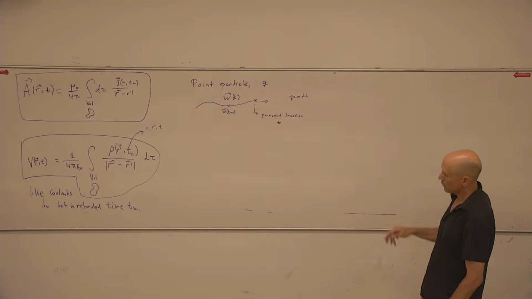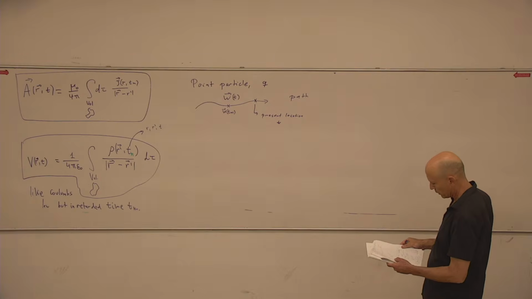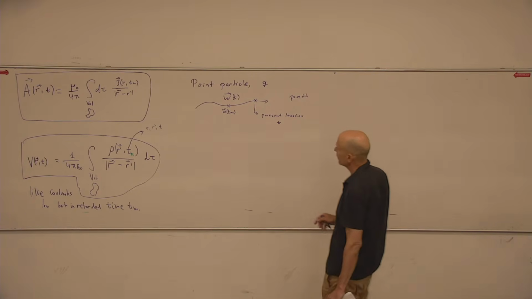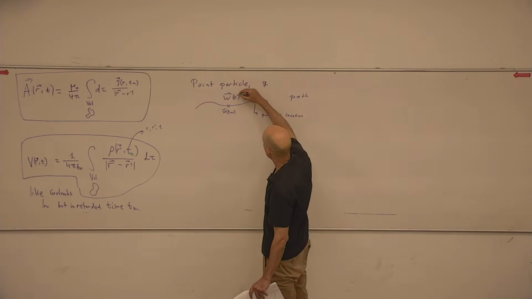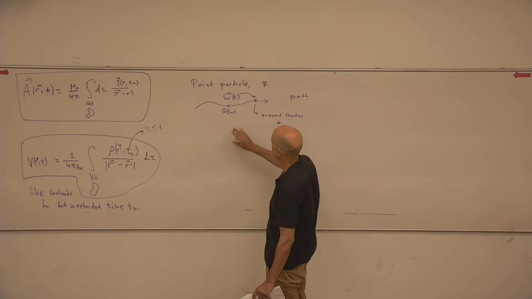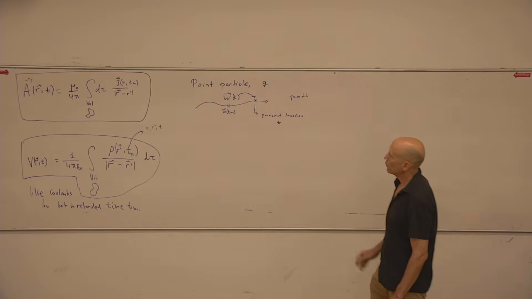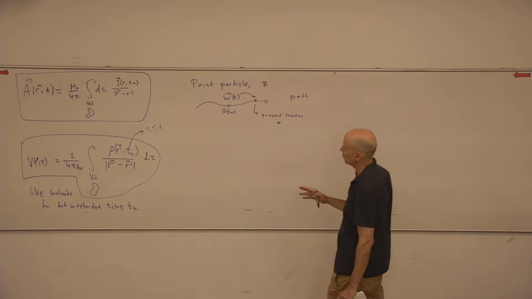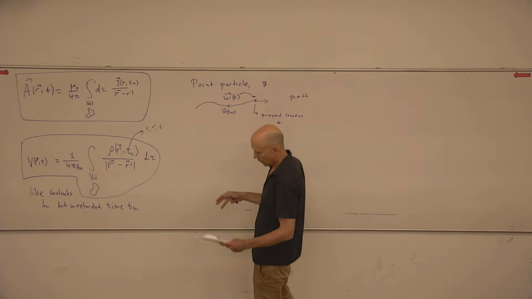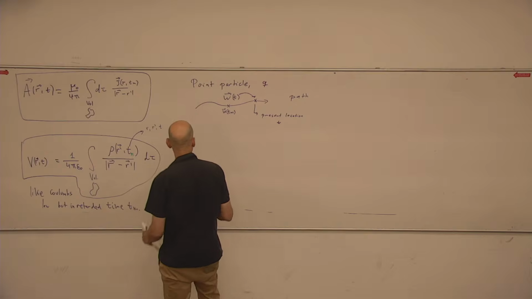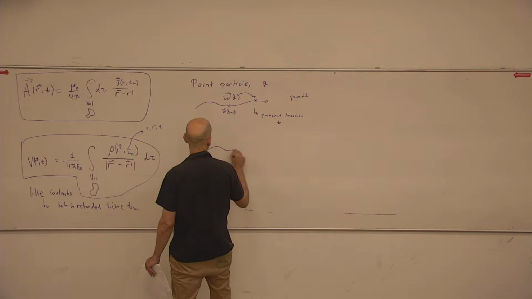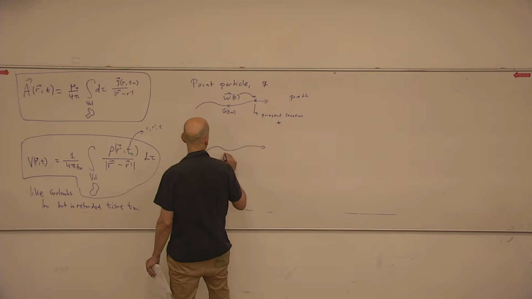This is what I'm going to denote by w of t_R. So this point is w of t, if you want, and this is w of t_R. Now we want to calculate this w of t_R. It's related to what we already defined here. So with this trajectory, let us just copy this.